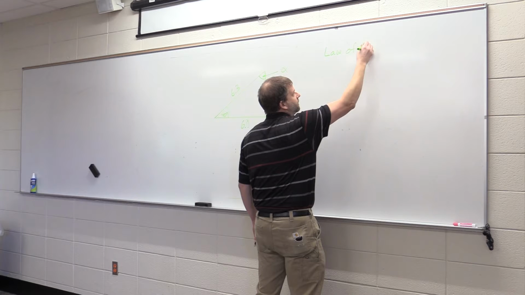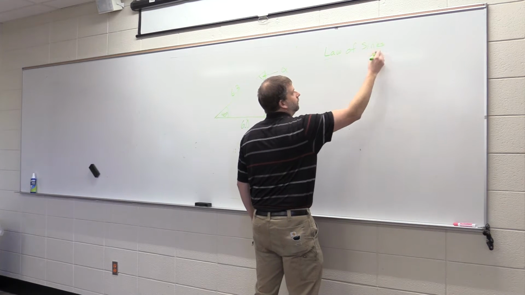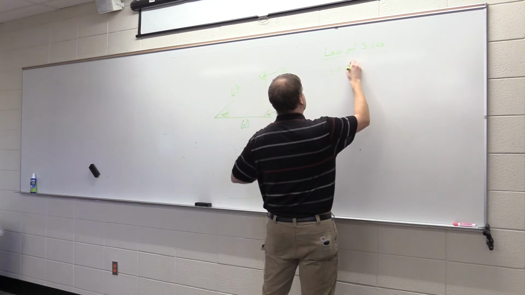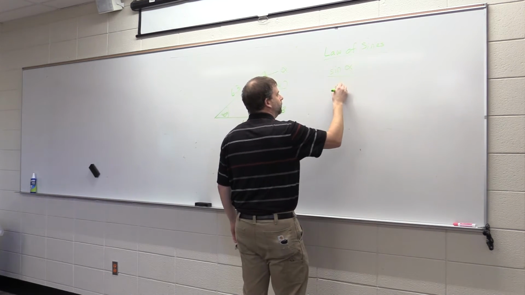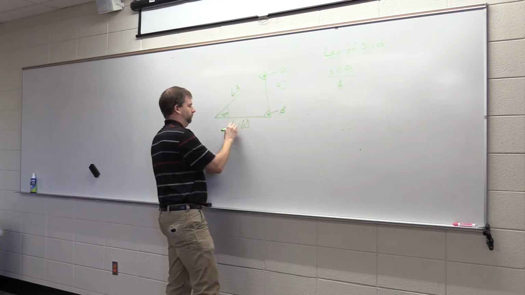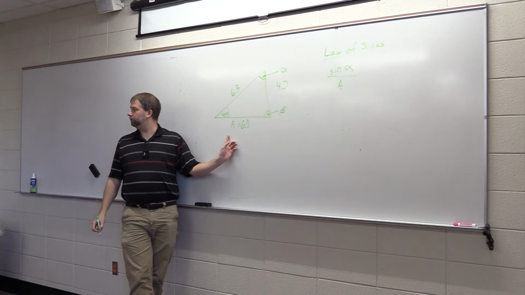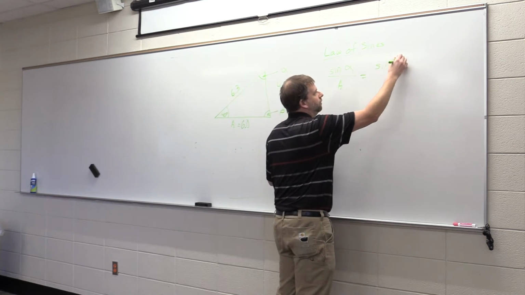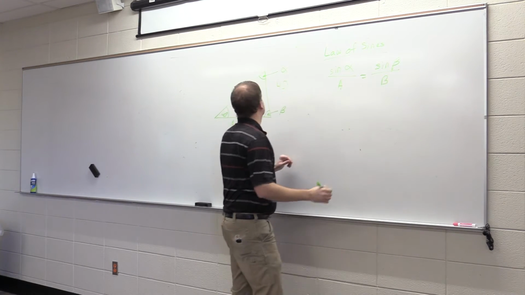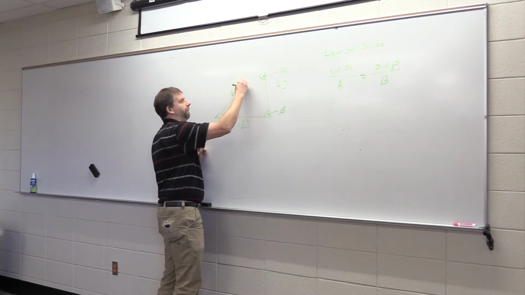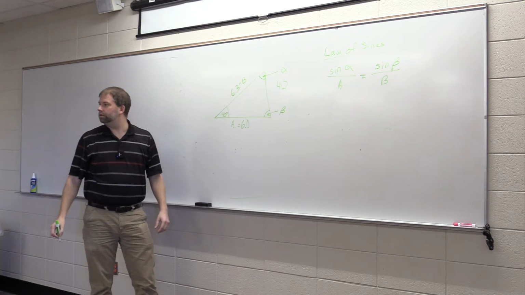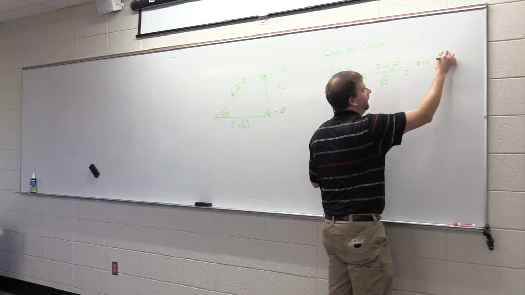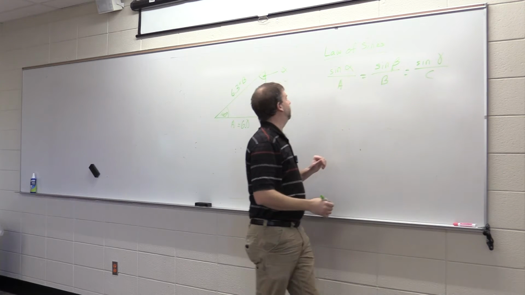So law of sines tells us that the ratio of the sine of some angle, here we'll call it alpha, to some triangle length, we'll call it A, is the same as the ratio of sine of beta to B. And I'm not up on my Greek alphabet terms, I don't remember.